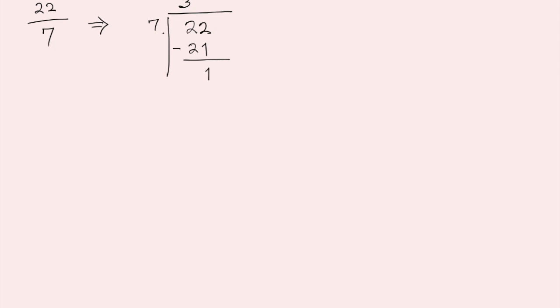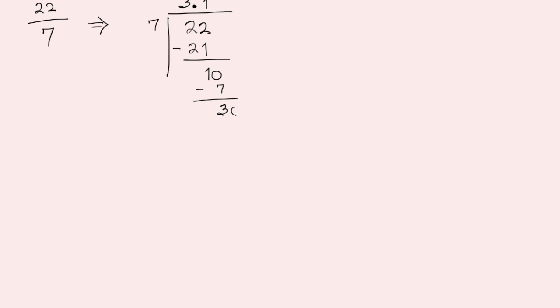Now, 1 divided by 7 is not possible. And to make it possible, we add 0 here. Now, the consequence of adding this 0, like we've seen in previous cases, is the decimal point here. So now 10 divided by 7 results into 1. 1 times 7 is 7. 10 minus 7 is 3.